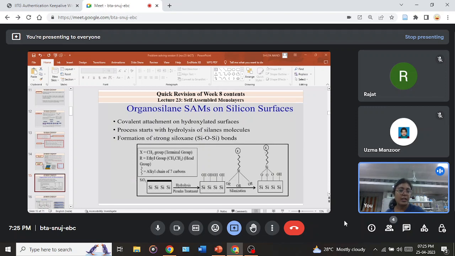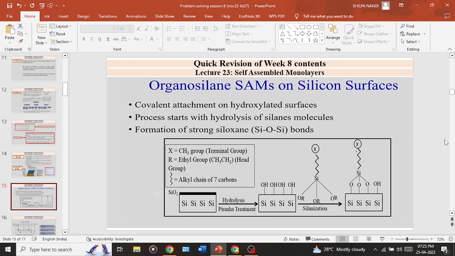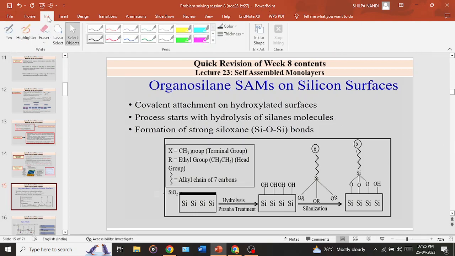I can show you through this. The process starts with the hydrolysis of the silane molecules, and here this is your ligand.